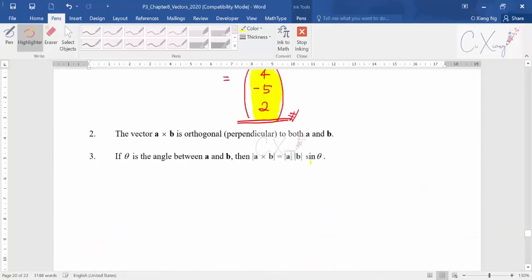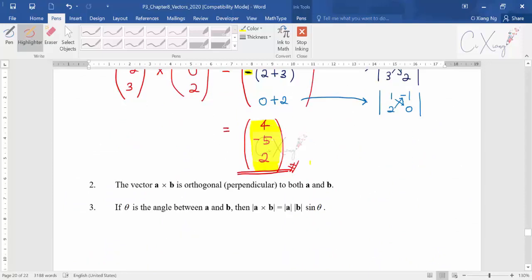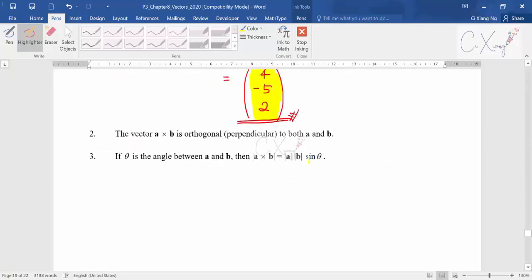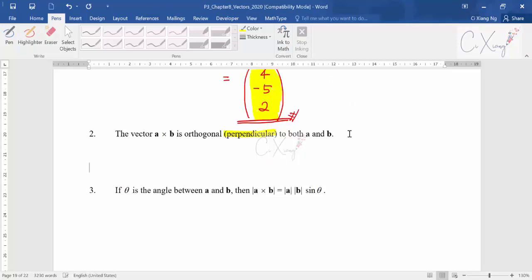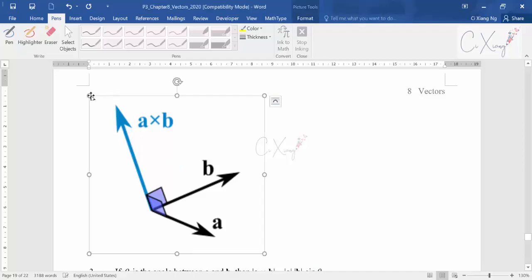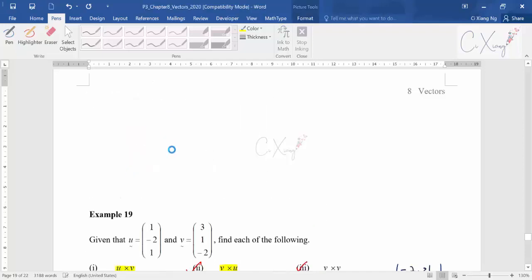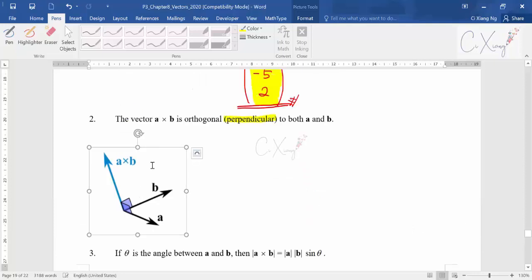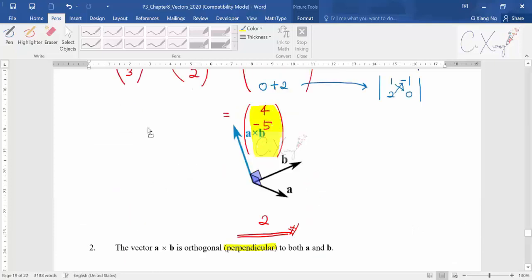Then what is the meaning of the vector product? The vector product is saying that the vector A cross B is orthogonal, or perpendicular, to both A and B. The diagram will look something like this.